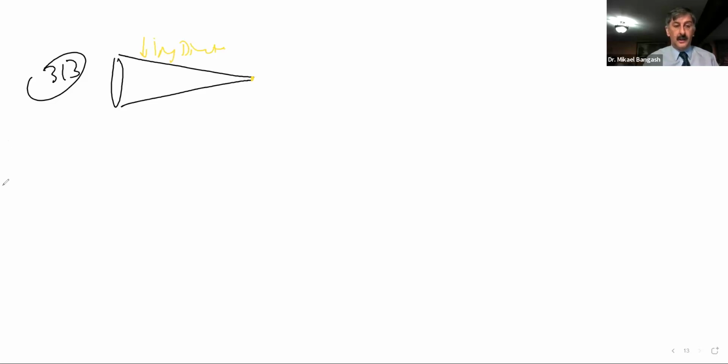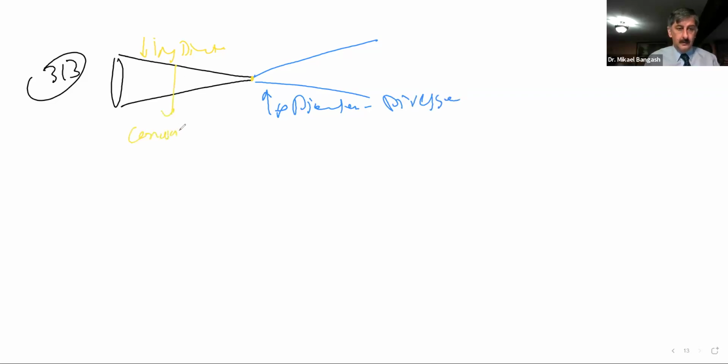In the far zone, what's the only thing that happens? An increasing diameter. What do we call this increasing diameter? Divergence. What do we call this decreasing diameter? Convergence.